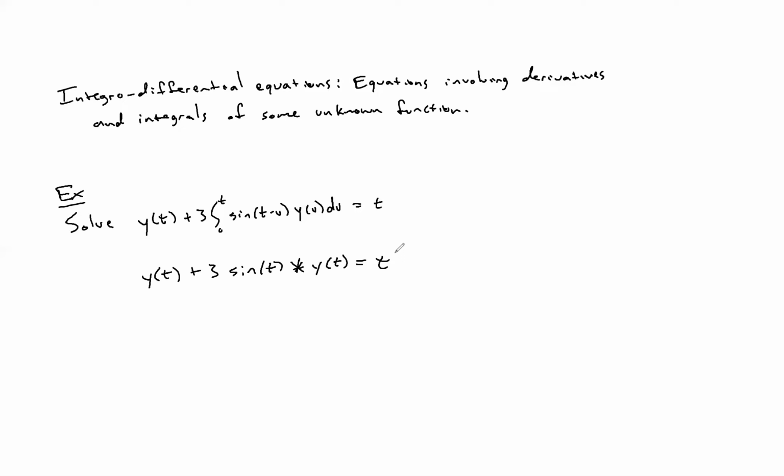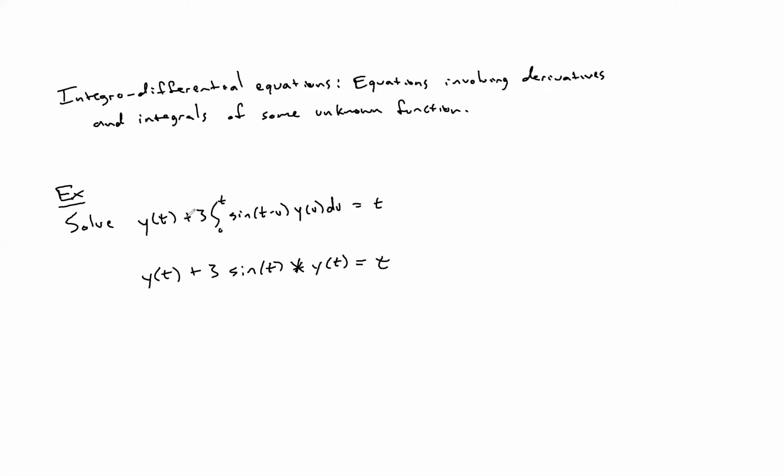All right, and when we see this type of equation, our goal in solving this thing is to find out what function y of t works here. And we can take advantage of what we know about Laplace transforms and convolutions to help solve this equation. Now, notice this equation did not involve any derivatives.